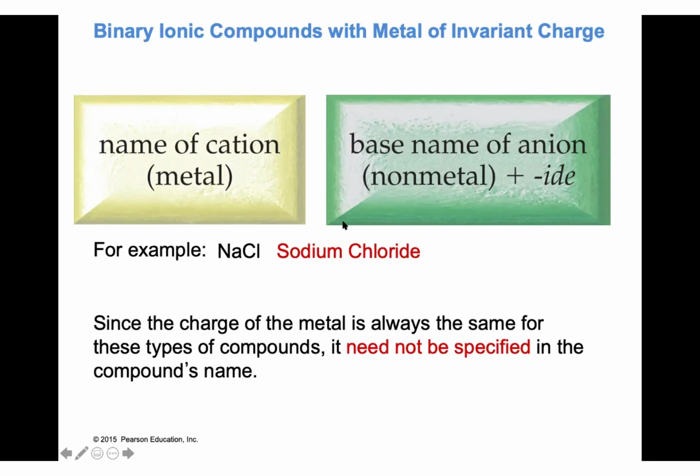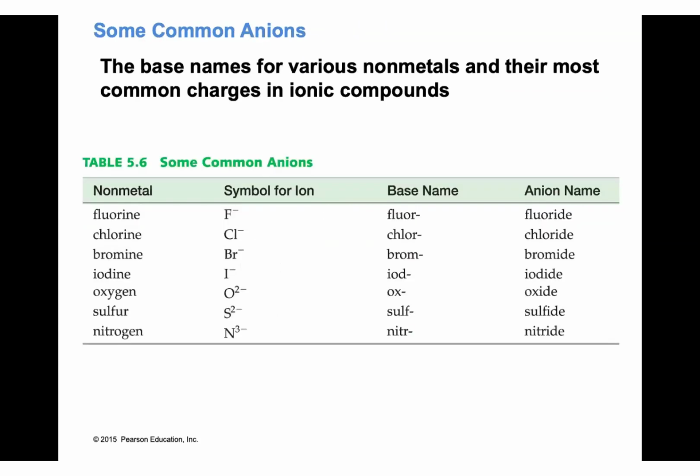In this compound, sodium is 1 plus and chlorine is 1 minus. Because chlorine is 1 minus, the name for the anion will have -ide added to it. So chlorine becomes chloride because it has become an anion. These are the names of anions that you should also memorize.